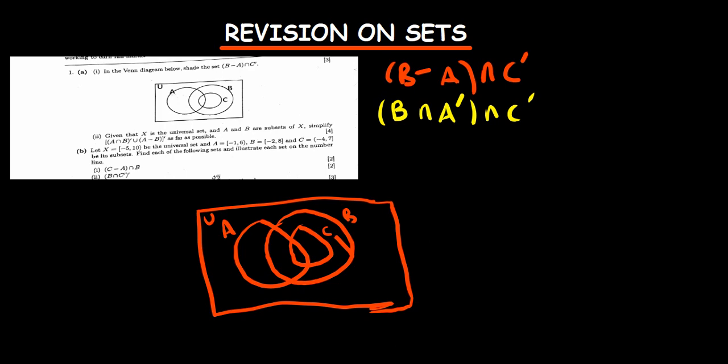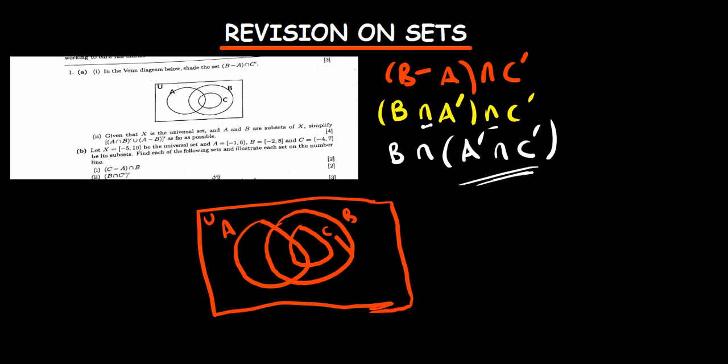Since we have intersection here and intersection there, in whatever way I arrange these, that is associativity. So I can start with writing B first, then intersection, then I group A complement intersect C complement, like that.